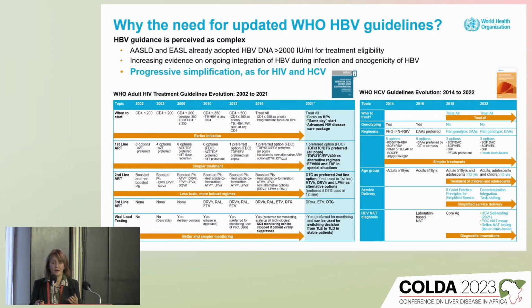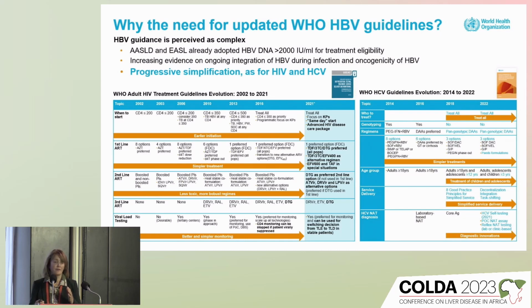But it was not perceived as enough, and I think on the forward trajectory of continuing to try and simplify. And so this is an example on this slide of the long journey with the progressive simplification of HIV guidelines, and that's been over more than 15 years. With the hepatitis C one, we've done it in a much shorter period of time.